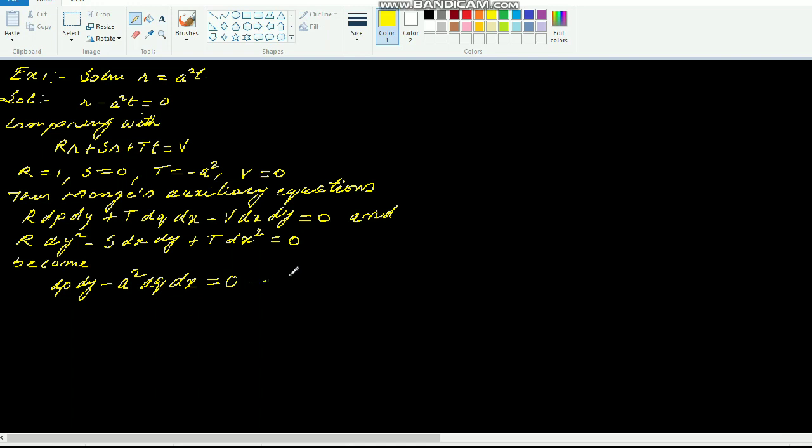Let it be equation number 1. And dy square minus a square dx square is equal to 0. Let it be equation number 2.